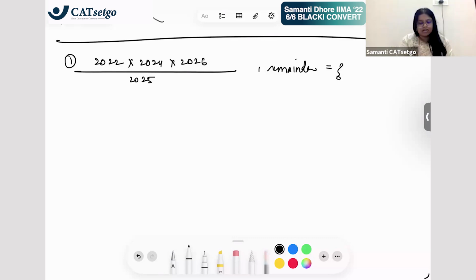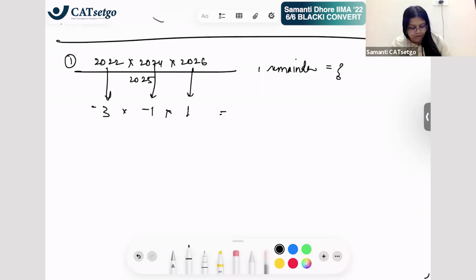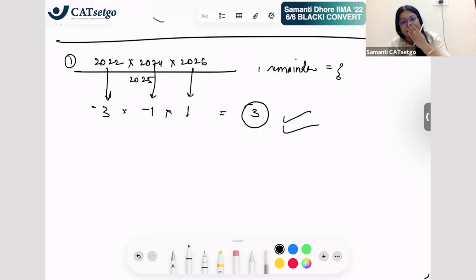Very good. How did we find the answer? We divided this, this gives -3, here -1, here 1. Then I multiply all of them and my answer is 3. So my answer is 3 here. Did you understand? Amrita, did you understand this? Yes or no? Yes, very good. Okay, we did this question.